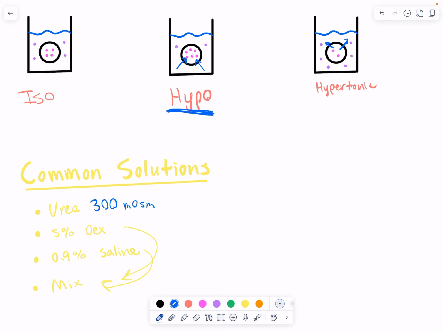When something goes inside of the cell, there are eventually more particles there, and so water is going to go to where the more particles are.